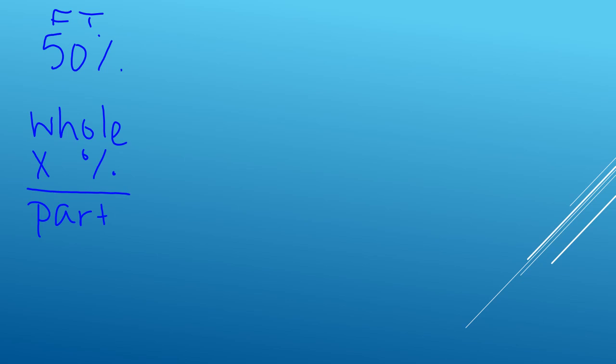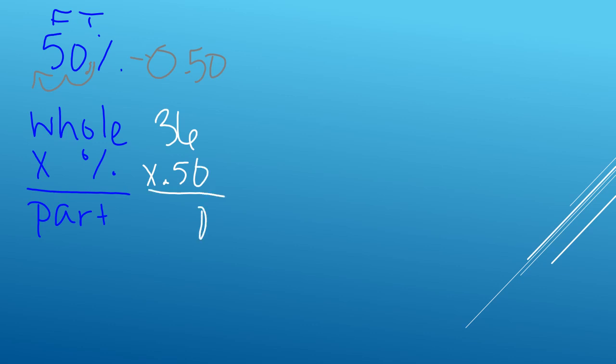So 50% becomes 0.50. That's what I'm going to use to multiply. So my whole was 36 times 0.50. When I multiply that, it'll give me my part.